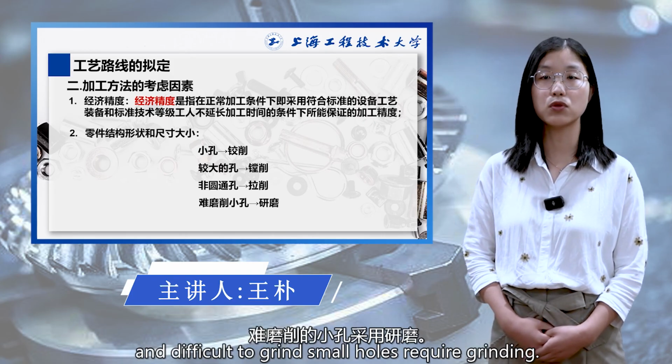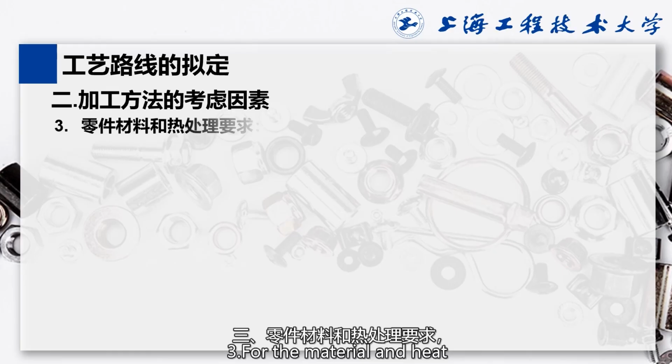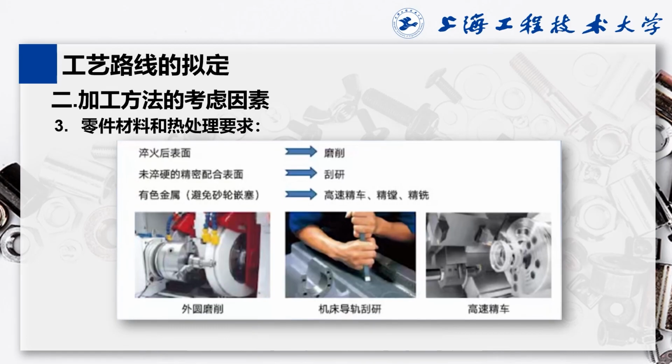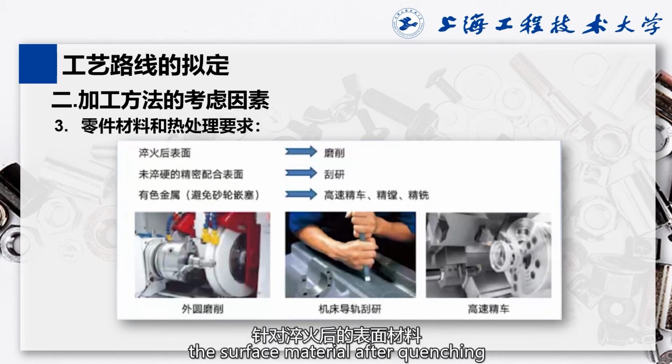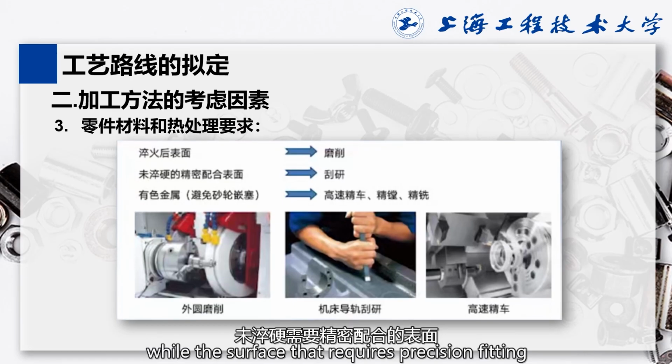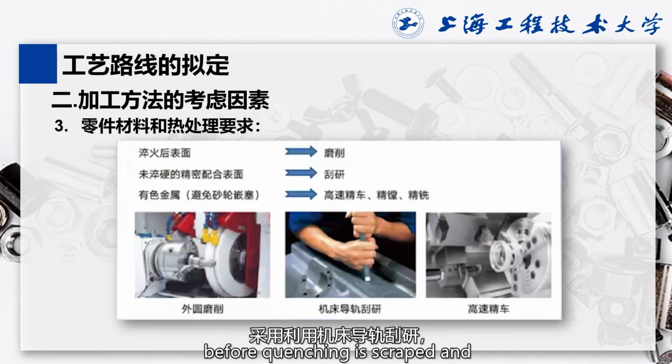Small holes require grinding. Third, for the material and heat treatment requirements of the parts, the surface material after quenching is processed by grinding, while the surface that requires precision fitting before quenching is scraped and ground using machine tool guide rails for non-ferrous metal materials.